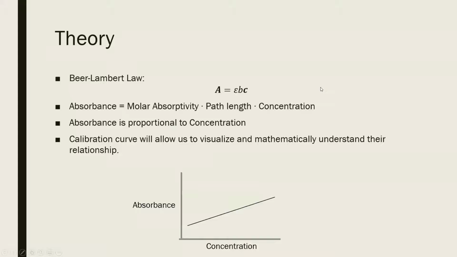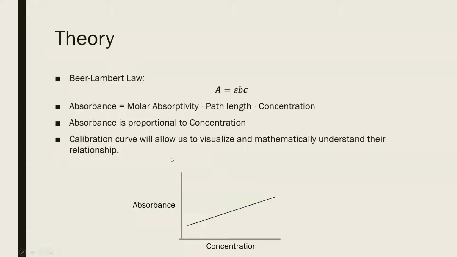The big picture idea that you should take with you after this lab is that absorbance is proportional to concentration. You'll go more in depth with this in your lecture, but you may be asking yourself, how are we going to observe this? Well, we'll prepare a calibration curve, and that plot will allow us to visualize and mathematically understand how absorbance is proportional to concentration.